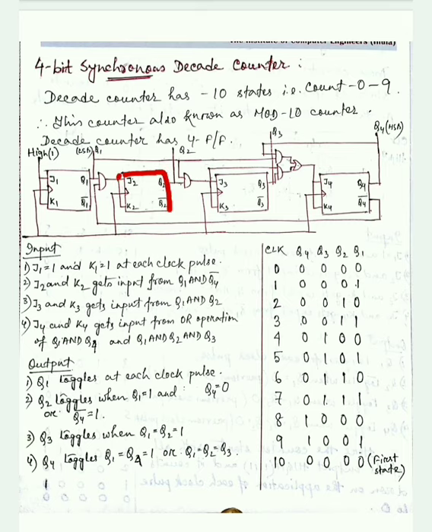For J2, its previous output value is Q1. So in a normal binary up counter, J2 gets its input directly from Q1. Mind it.